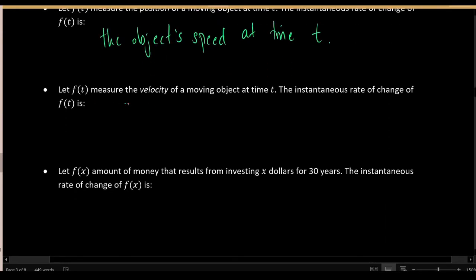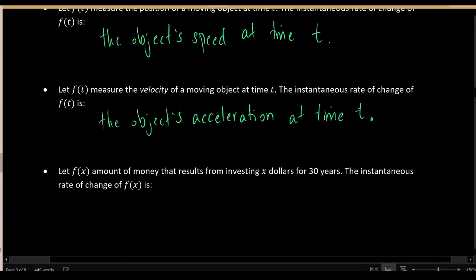If your function already measures the speed of a moving object, then if you calculate the instantaneous rate of change of velocity, you get what's called the object's acceleration. How fast is the object's speed changing? To what extent is it moving faster or slower?